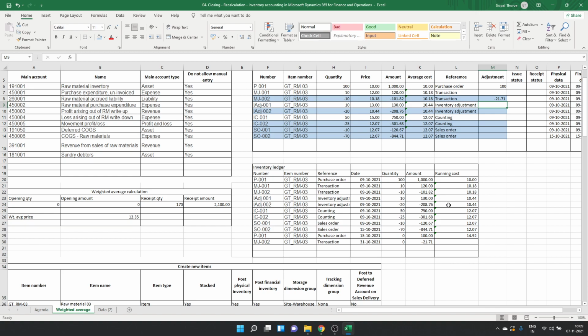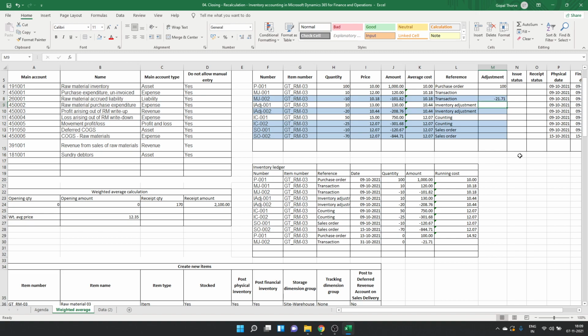Now similarly for the second issue transaction, which is for 20 quantity, which was issued at the rate of 10.44, and at the end of the month we came to know that the issue should happen at the rate of 12.35. So the system should post the difference of these two as an adjustment.